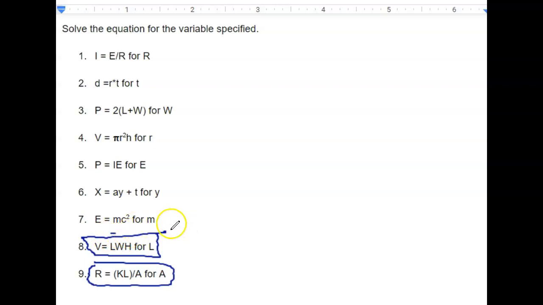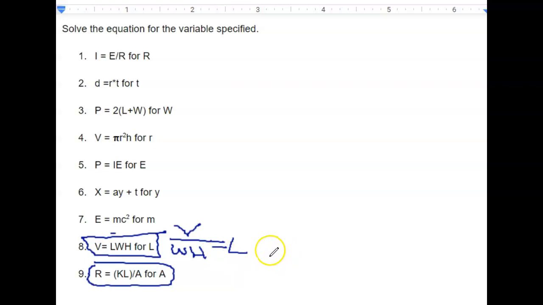So that's how I'm going to solve for L. Volume, V, divided by width and height, or width times height multiplied together. And that will solve for L. So when you have one big chunk like that, several pieces that you might be able to divide off, just go ahead and divide it off altogether. If you don't, you end up getting a fraction and a fraction and a fraction, and holy cow, nobody wants to figure out how to deal with that, even with a calculator.